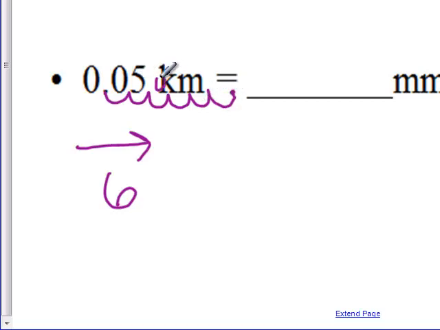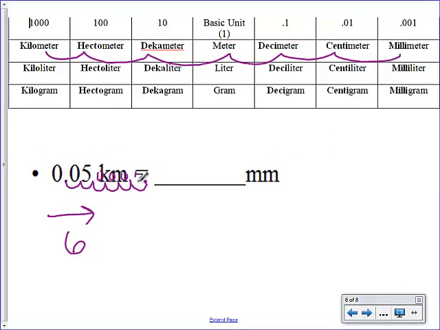And then fill in the zeros. We don't need to include this 0 at the front because we don't normally have a 0 in the front of a whole number.